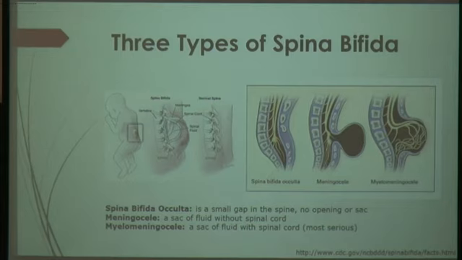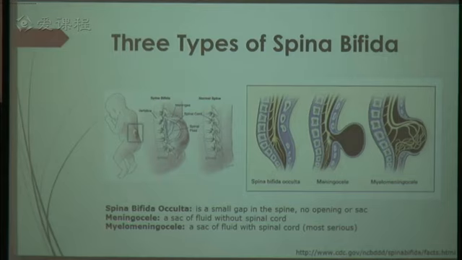These three types vary in their symptoms. As you can see in the first one, spina bifida occulta, only a small gap in the spine is found, and there's no opening, sac, fluid, or exposure. This is the mildest one. The middle one is meningocele: there's a sac of fluid but without the spinal cord.